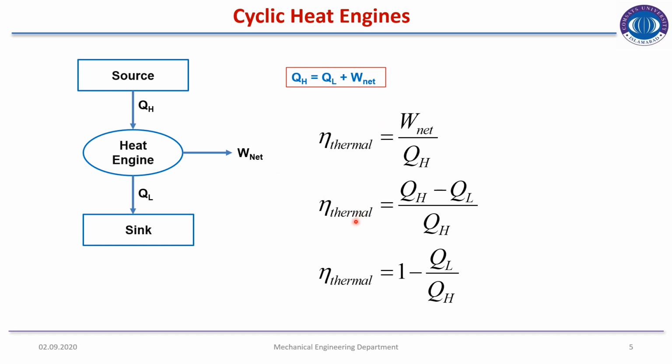W net is equal to QH minus QL, so we put that into the equation: QH minus QL divided by QH. The relation for thermal efficiency comes out to be 1 minus QL over QH.